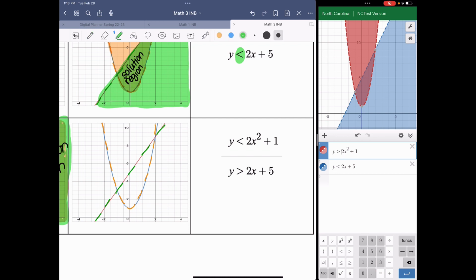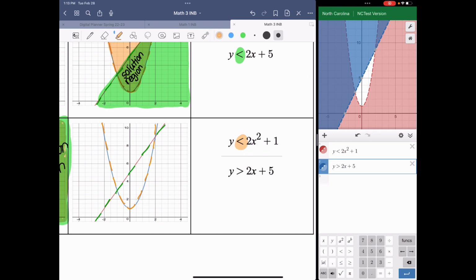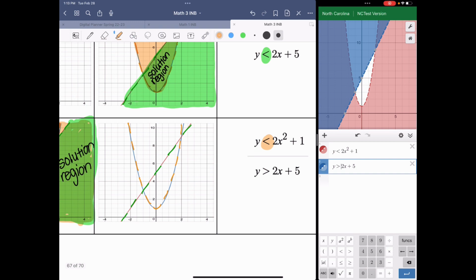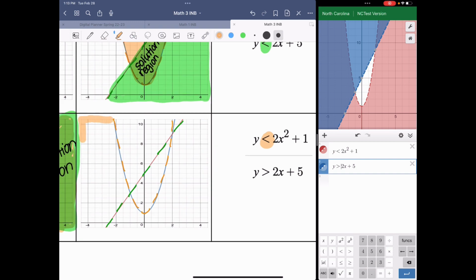And right here we have less than, so that's going to change to less than. And then the other one is going to change to greater than. So again, the shading just changes where the direction of the shading is happening. So because of this, the less than for the quadratic is going to be below. Once again, it's below it because it's less than the quadratic.